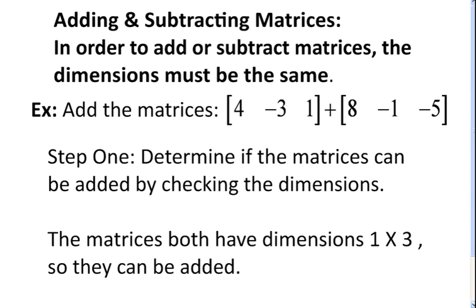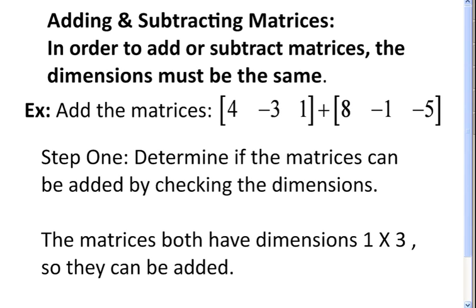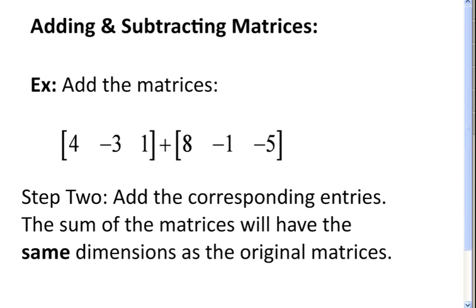Step 1 is to determine if you have identical dimensions. We have 1 row and 3 columns, and then 1 row and 3 columns. So this is a 1 by 3 and 1 by 3. We identified that they're both the same size, so we can move on to the next step, which is to add the matrices together.